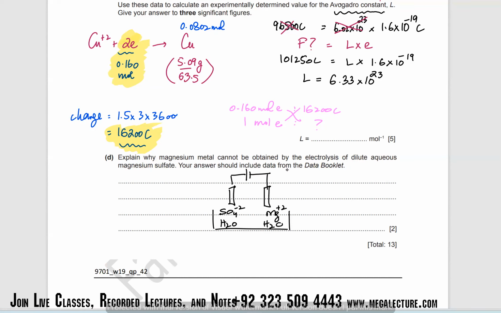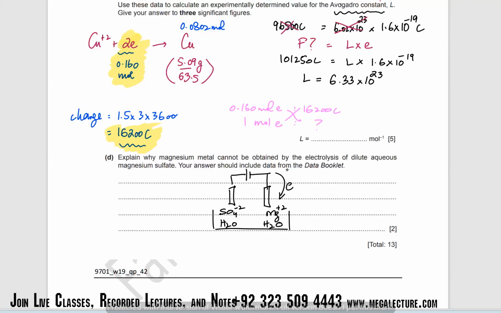Remember I said that water does not get ionized a lot, so there's not a lot of H+ or OH- ions. If you use them it wouldn't be wrong, but here he's asking for the data booklet explanation as well. So why is magnesium not obtained? The electrons are coming in, so it's going to gain electrons.